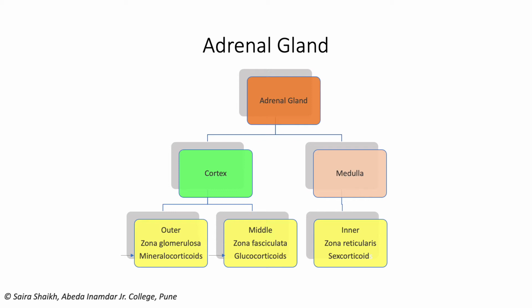The cortex is further differentiated into three layers. The outer cortex is the zona glomerulosa. The middle layer of the cortex is the zona fasciculata. And the innermost layer of the cortex is the zona reticularis.